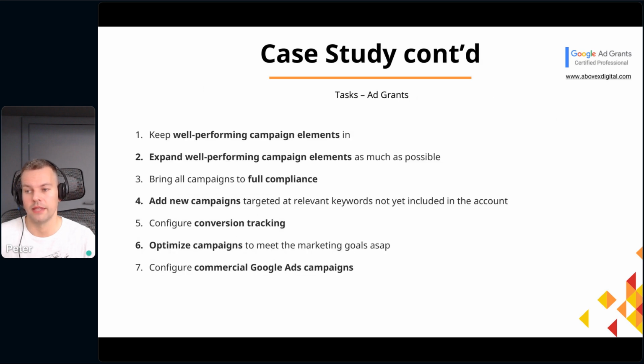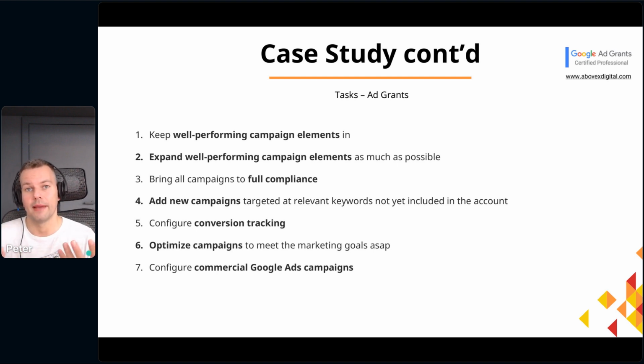So we have a lot of data with this client, and they have an ad grants account and they also have a commercial grants account. And when we prepare their fundraising campaigns in the ad grants account, this is what we typically do, right? We start off by looking at their campaigns. Like I said, they've been running for years. They have a lot of history.